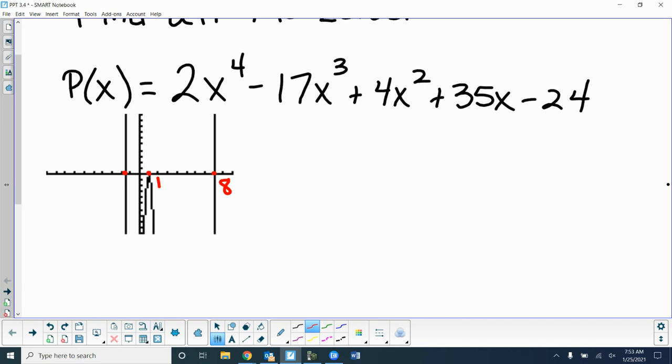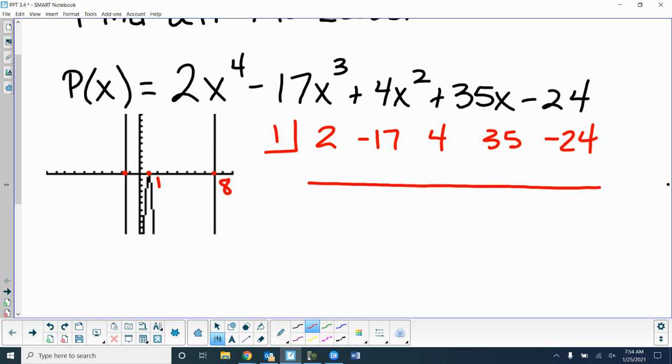So I'm going to use 1 first, and I set up my synthetic division. It goes 4, 3, 2, 1, a constant, so I don't have to add any zeros. Remember that 17 is negative because of the minus sign, and the 24 is negative because of the minus sign. Draw a line, remember we drop the 2 down below, and I multiply 1 times the 2. That gives me 2, and then I add these, that's negative 15.